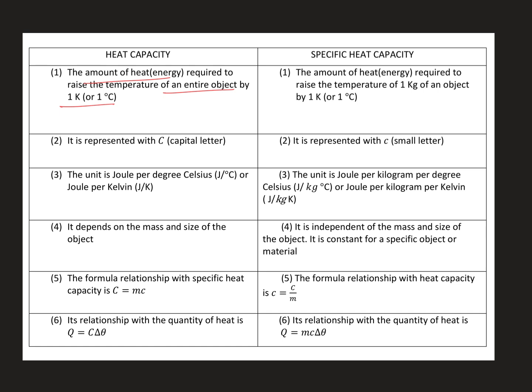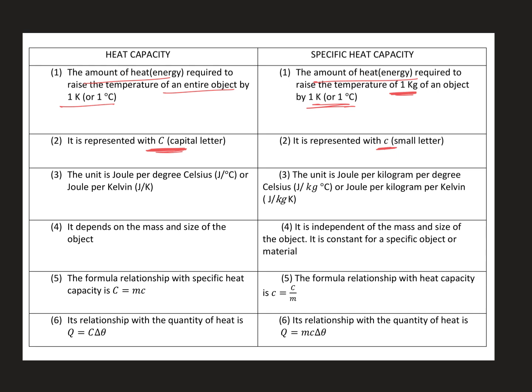For specific heat capacity, it is the amount of heat required to raise the temperature of 1 kilogram of an object by 1 Kelvin or 1 degree Celsius. So stating that 1 kilogram mass in the definition is very important. It is represented with the capital letter C for heat capacity. For specific heat capacity, it is represented with the small letter c.